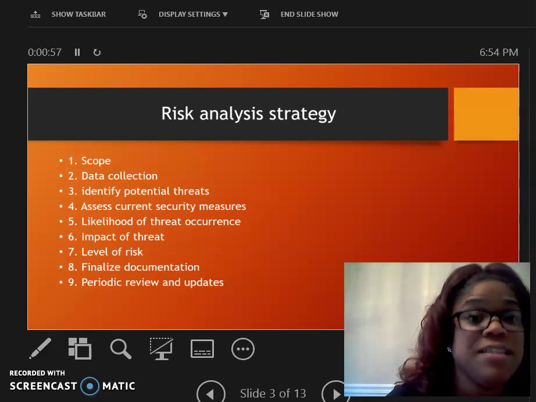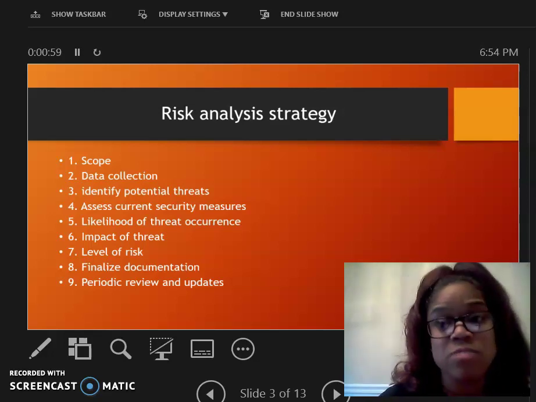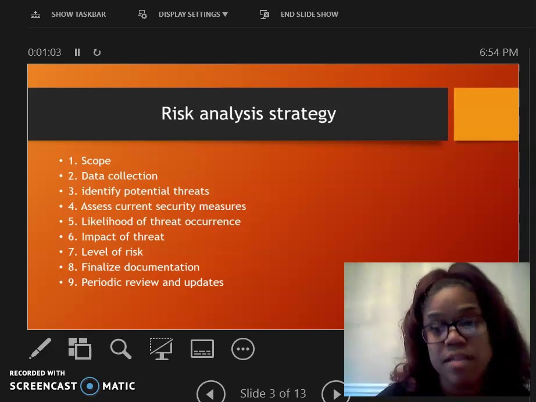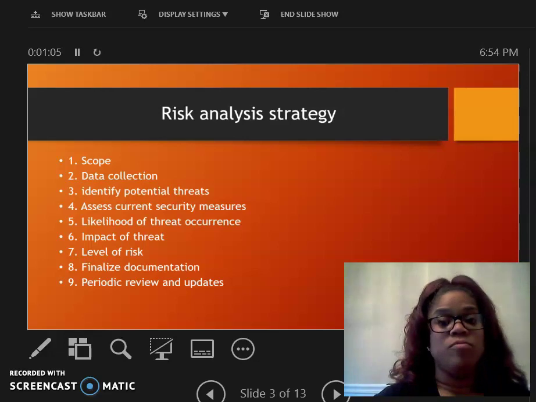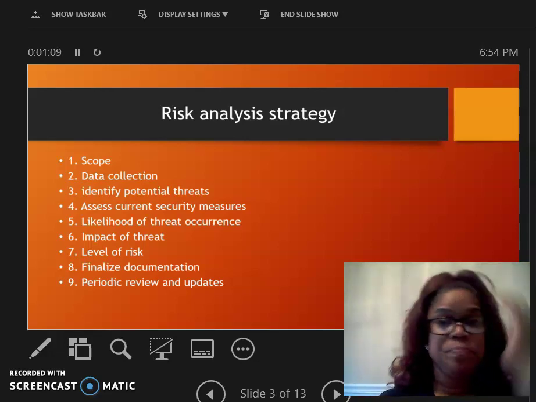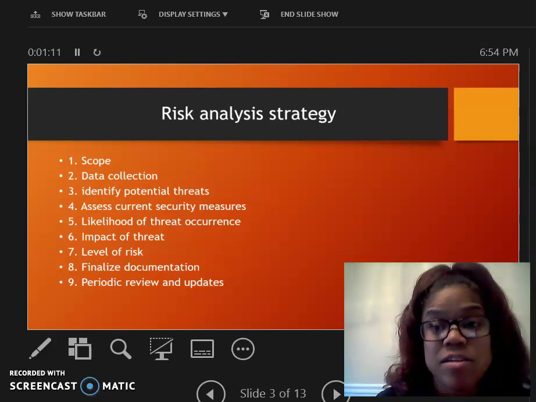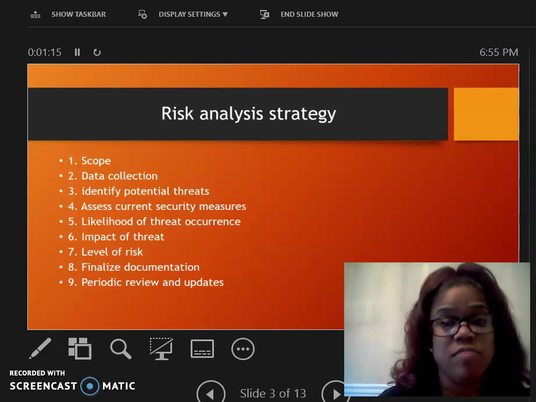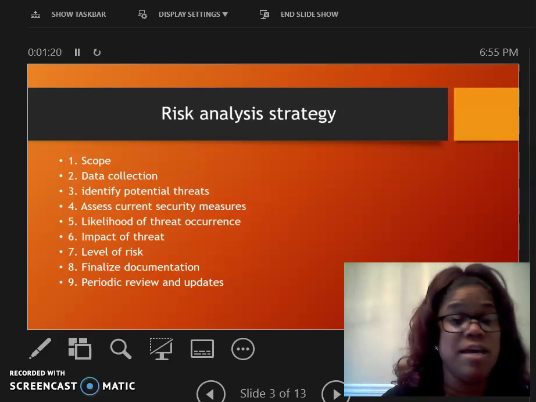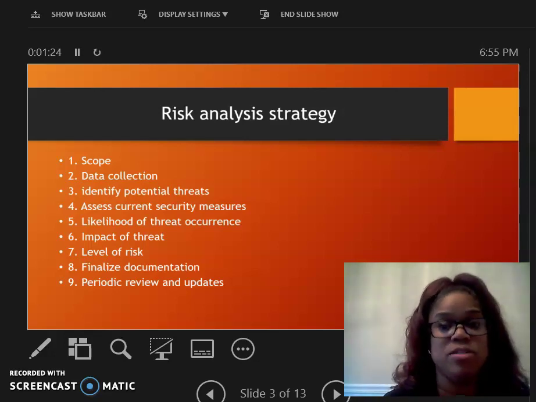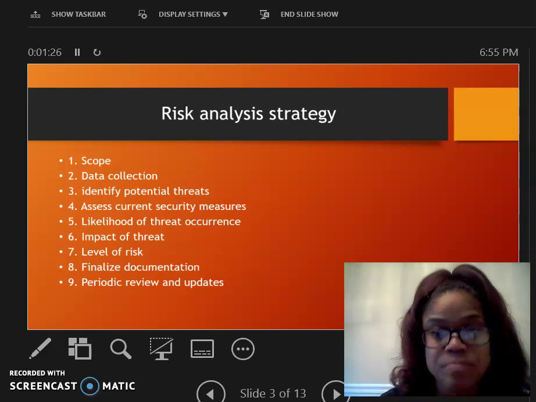Three, identify potential threats in privacy and confidentiality, figuring out what caused the threat and why. Assess current security measures, like what is currently safeguarding our information. That's really important in this process of EHR implementation because we have to make sure our patients' information is safe.